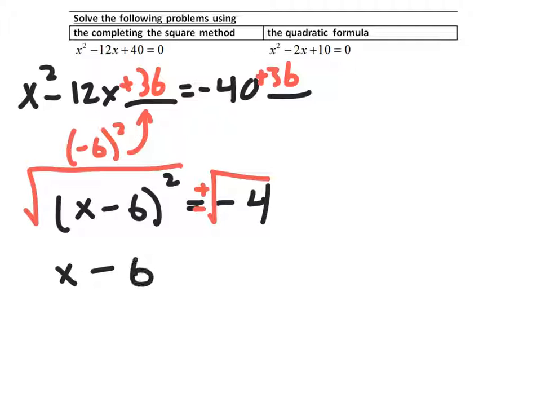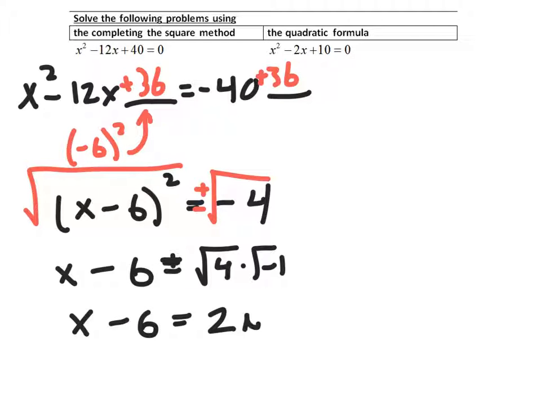But now we do. I'll do it in two steps. I'm going to do the square root of 4 times the square root of -1. So I get x minus 6 equals 2 times i. And then all I have left to do is move the 6 over, so I get 6 plus or minus 2i.